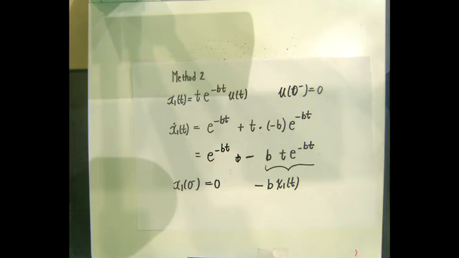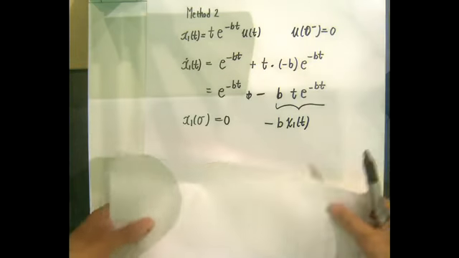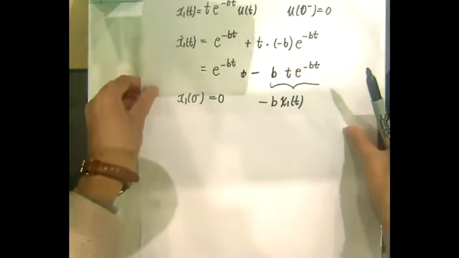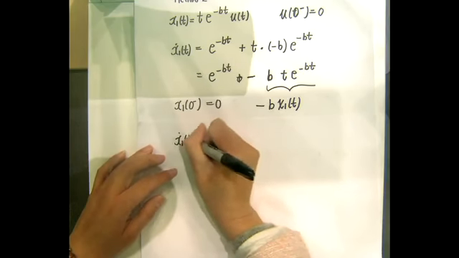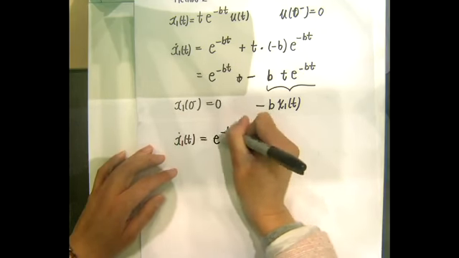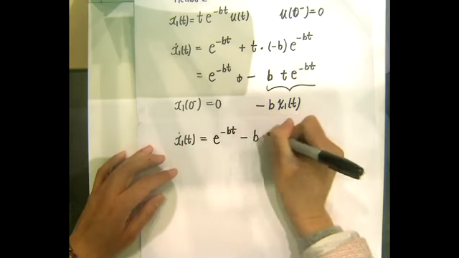Okay, now I want to use the properties of the derivative of a signal to do simple things. And I realize that what I'm having here is x1 dot (t) equal to e^(-bt) minus b x1(t).